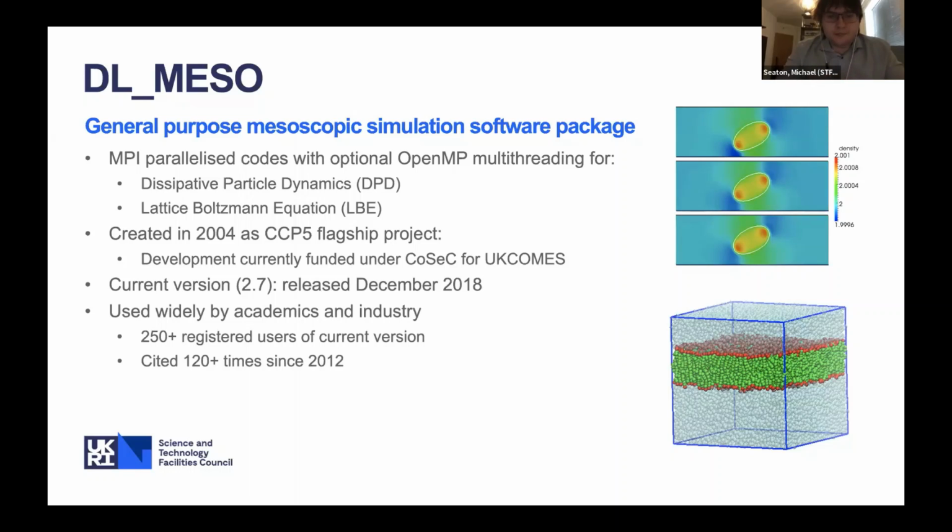Now, this code package was created back in 2004 as a flagship project for CCP5, and its current development is still being funded via CoSeC for the high-end computing consortium I mentioned before, UK Car-Parrinello. The current version of the code is version 2.7, originally released back in December 2018, and these codes are used quite widely by academic and industrial researchers.